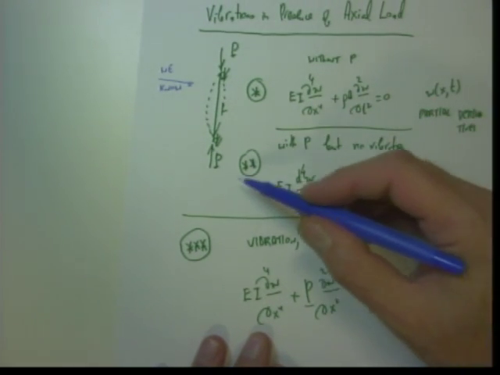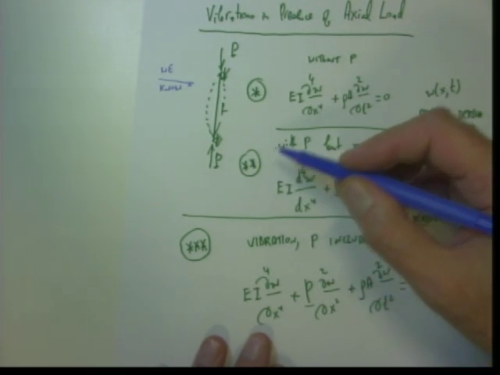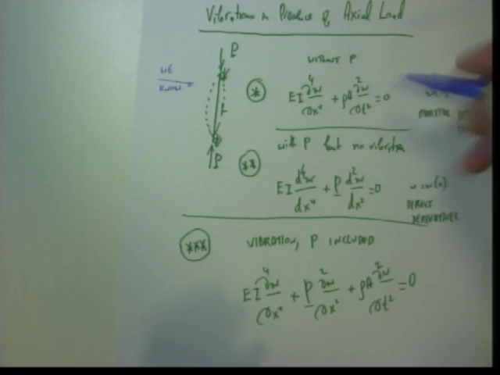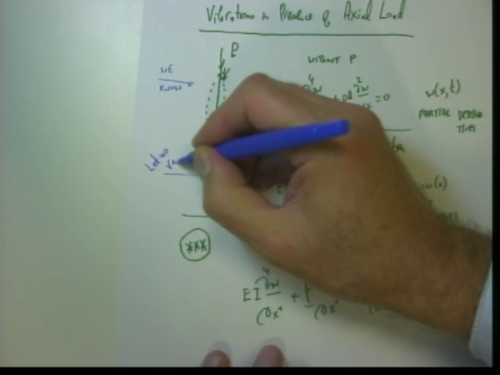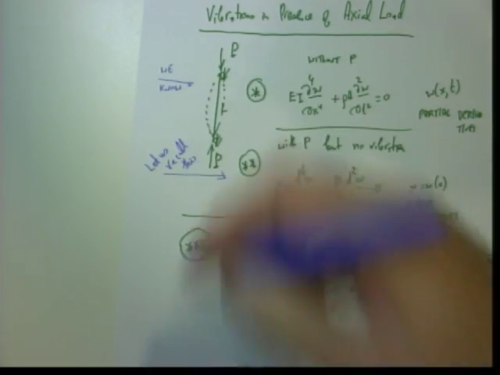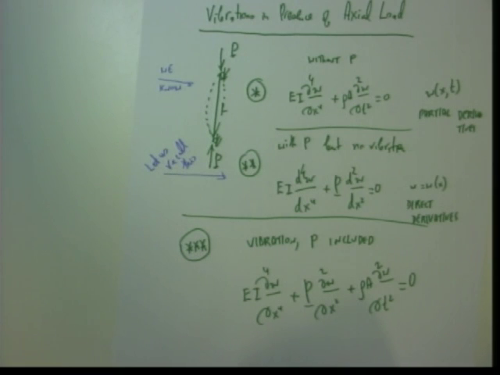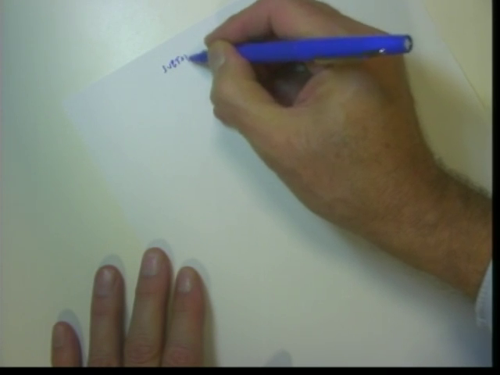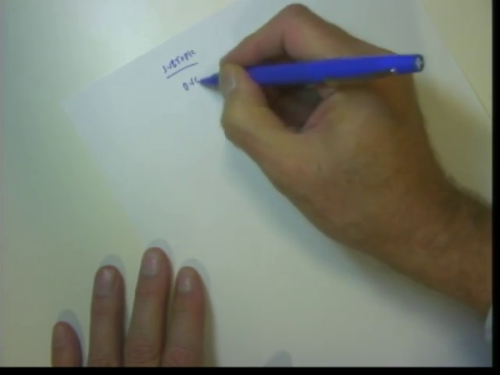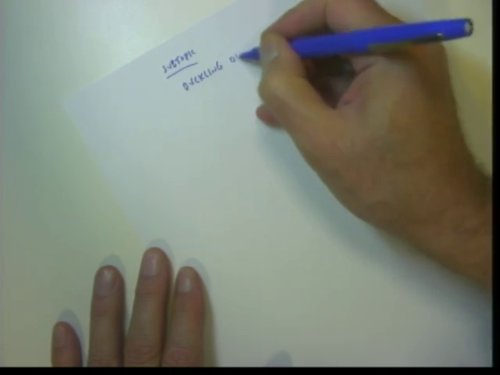Now let us remind you what happens in double star. There are no vibrations, but there is axial load. So let us recall this. Subtopic: buckling of a column.